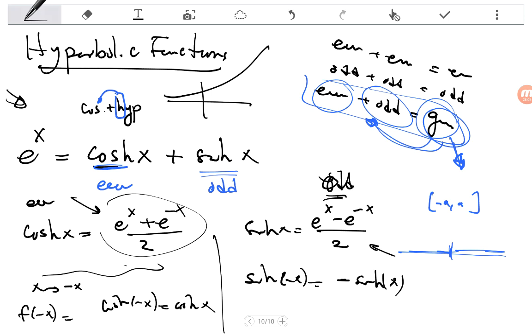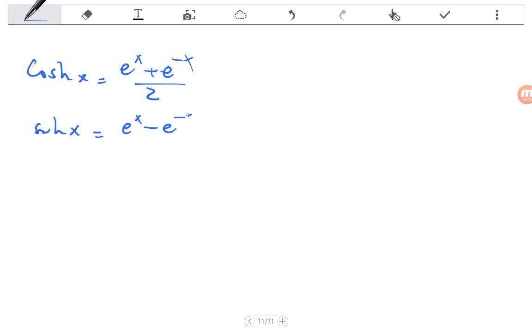Now we need to study these two functions, and we will build a structure just like the structure of the cosine and sine and the trigonometric functions. So we have learned the cosh, which is e power x plus e power minus x over 2, and the sinh, which is e power x minus e power minus x over 2. What about tanh x? It is exactly sinh x over cosh x.